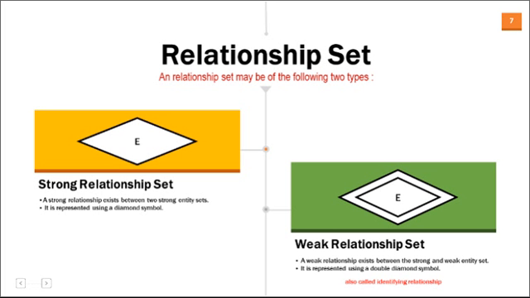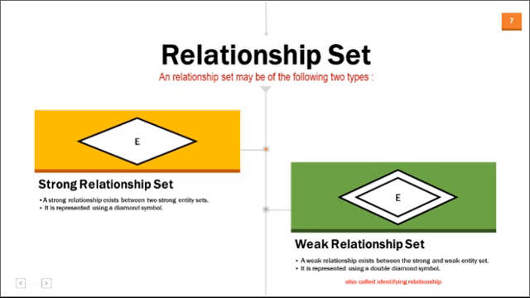And how can I make my entity strong? By using an attribute that uniquely identifies my tuple. So, if the relationship is between two strong entity sets, then my relationship is strong. It will be represented by diamond symbol.